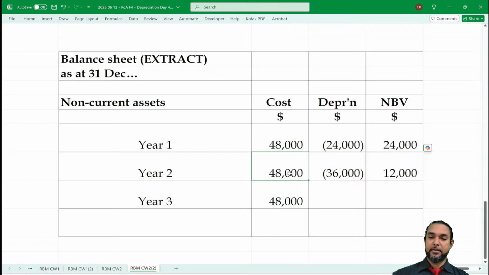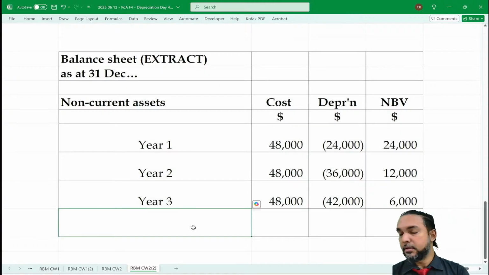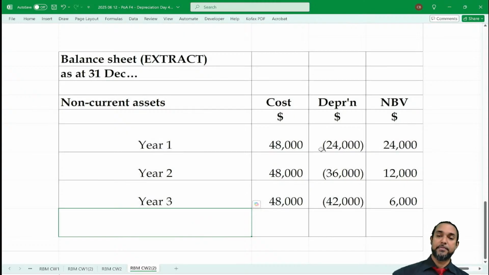And 48 minus 36 is 12. And at the end of year 3, we charge 6,000 more, which gave us a total balance of 42,000. When you subtract that, you're left with 6. And that is the balance sheet extract for the non-current asset section, specifically with reference to the depreciation on the asset.